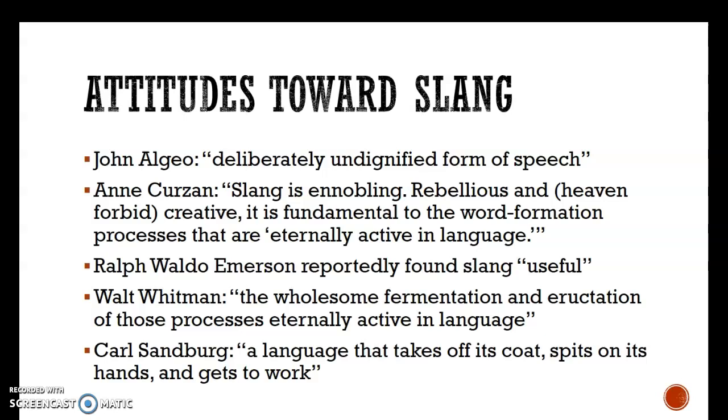Fundamental to the word formation processes that are eternally active in language. Emerson called slang useful, and Whitman said slang is wholesome. However, my favorite, and it's probably a lot of people's favorite, comes from Carl Sandburg, who said that slang was a language that takes off its coat, spits on its hands, and gets to work.